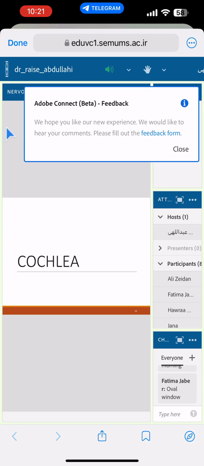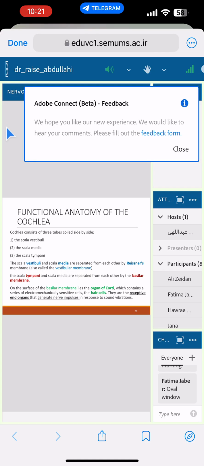Regarding the cochlea, the functional anatomy of the cochlea. The cochlea, which looks like a snail, is composed of three tubes coiled side by side.